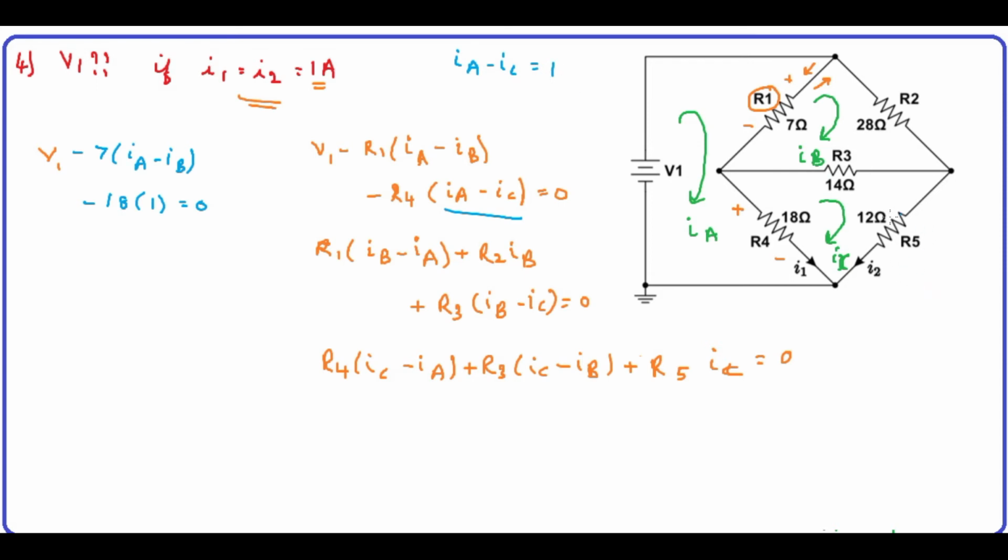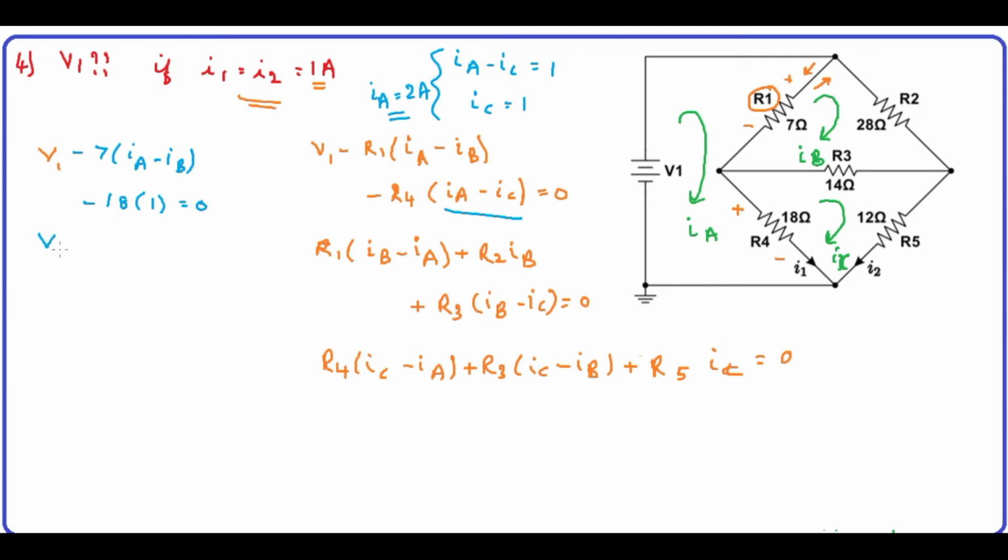Similarly, the current flowing through R5 is also given, that is only IC. So I can say that IC is equal to 1. By using these two, I can conclude IA equal to 2 ampere simply.